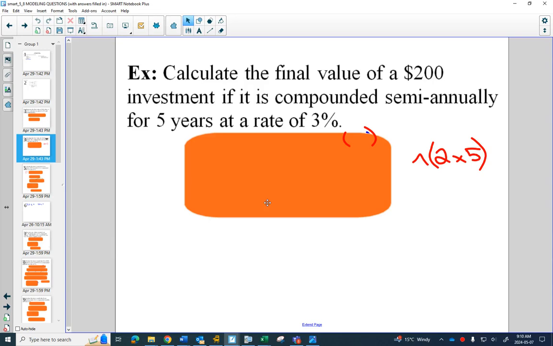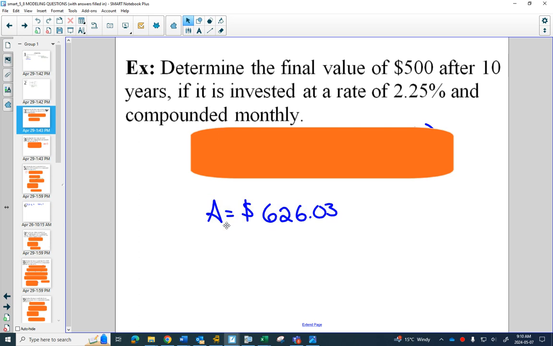Same thing. I'll get you to try to put the numbers in first on your own. What was the answer? The last one's answer was $626.03.